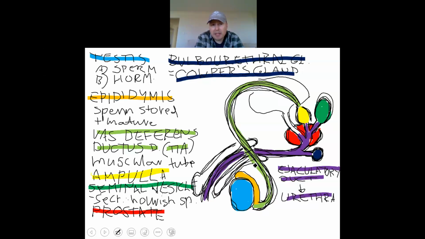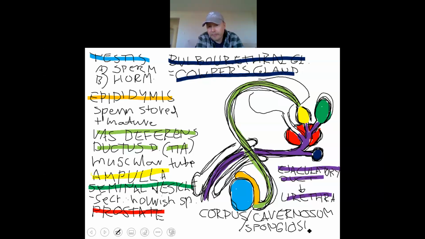So let's add them here. So that's our corpus cavernosum and corpus spongiosum.